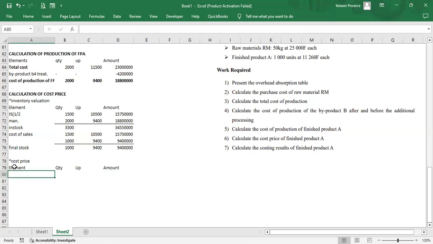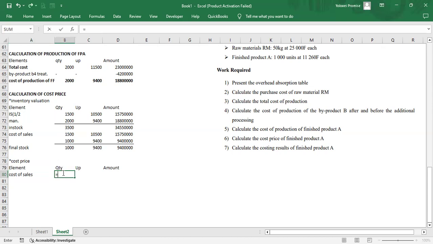So the first element will be cost of sale. Like in the other case where we had consumption, meaning what is deducted. Here we have the cost of sales, and then indirect expenses, in case there are any, and any other elements that fall under here. So I have cost of sale. Our cost of sale is this and this.